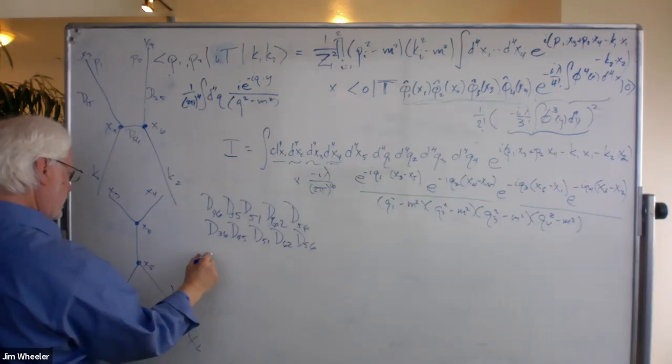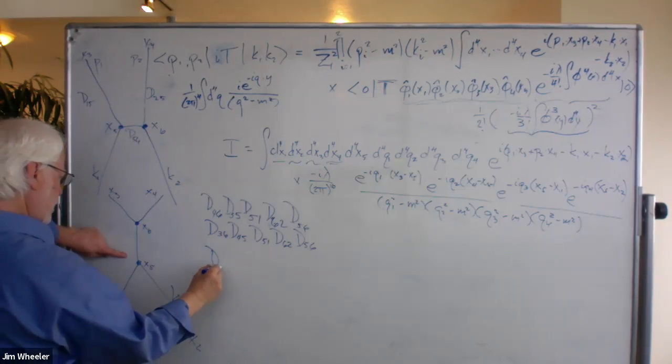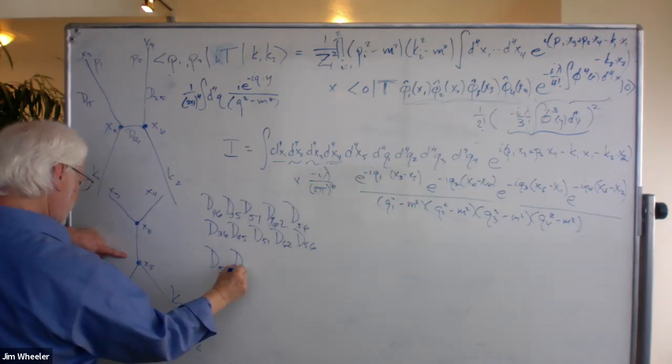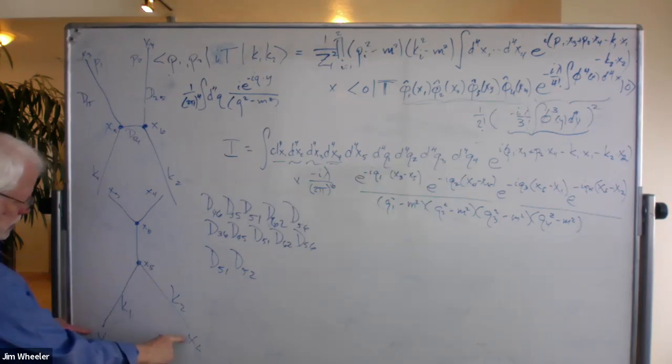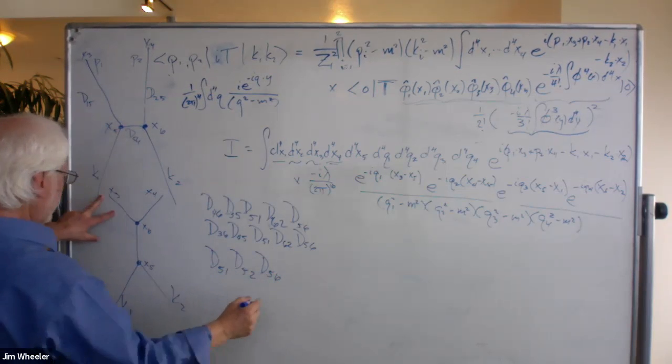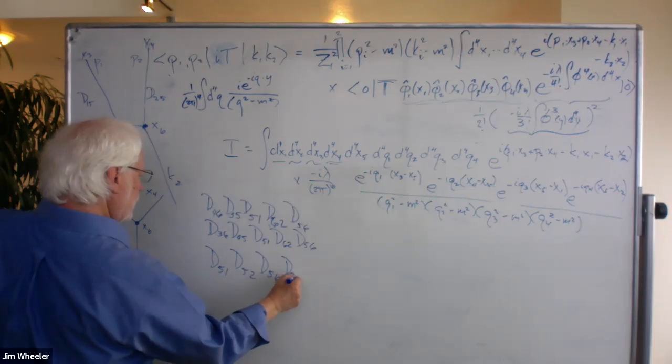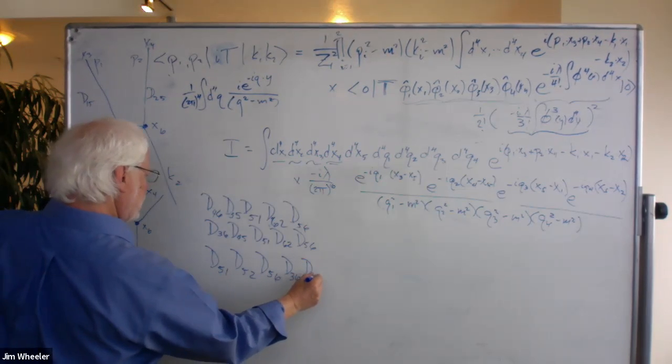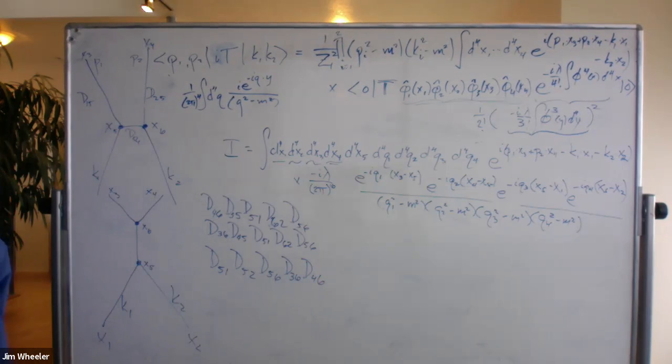So this corresponds to a D51, D52, these 2 lines. Then there's a D56, and then these guys give a D36, D46. So we have 3 possible diagrams here.